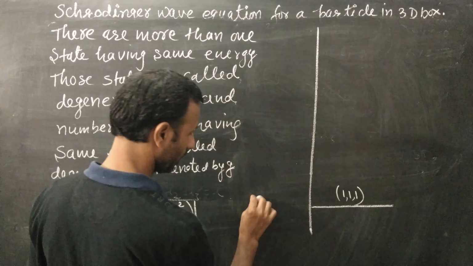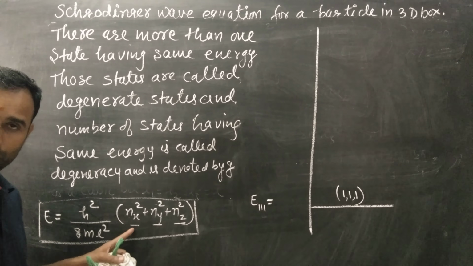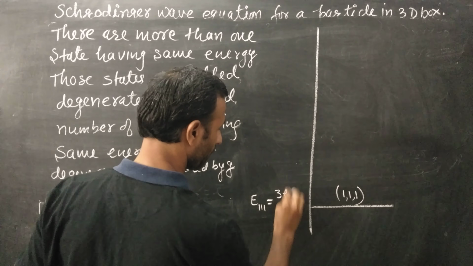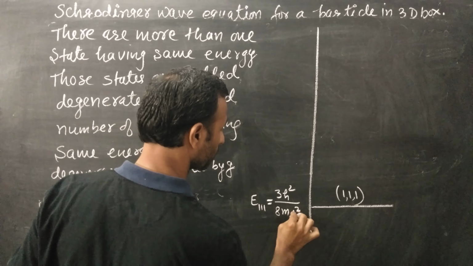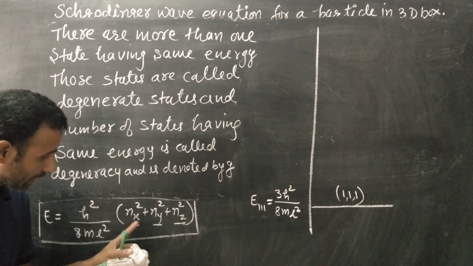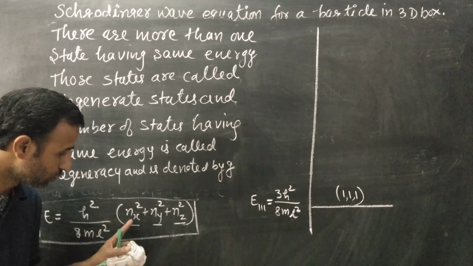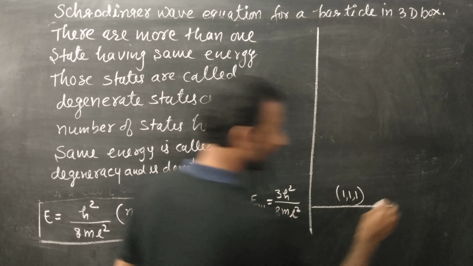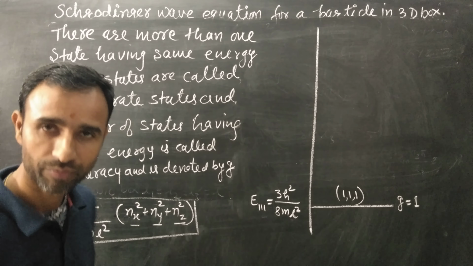That means energy E111 is equal to 3 h square by 8m L square, right? Because h square over 8m L square is same, but nx, ny, nz all are minimum, that is 1. So it is 1 square plus 1 square plus 1 square, so 3. So this is a non-degenerate state and its degeneracy is 1.